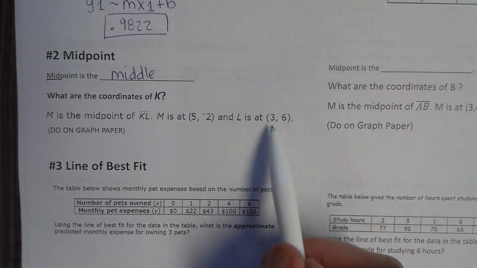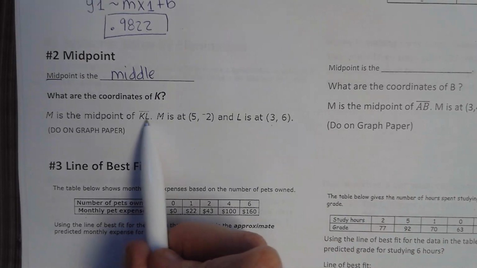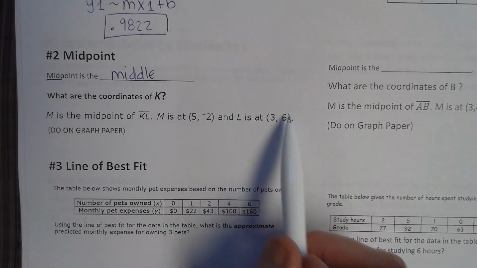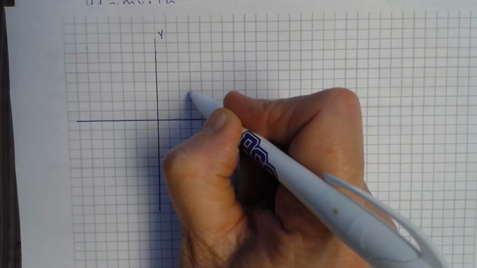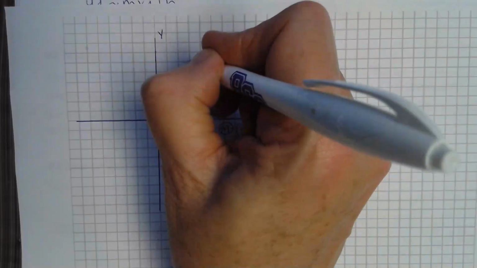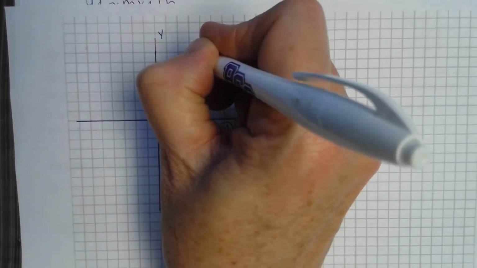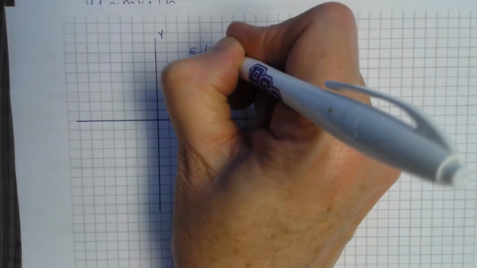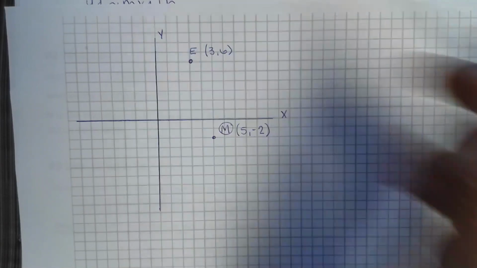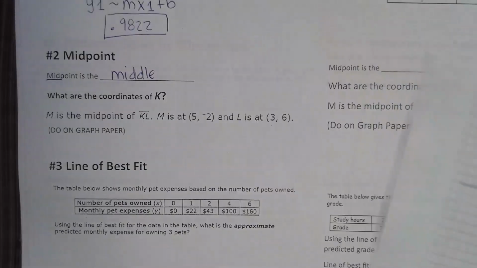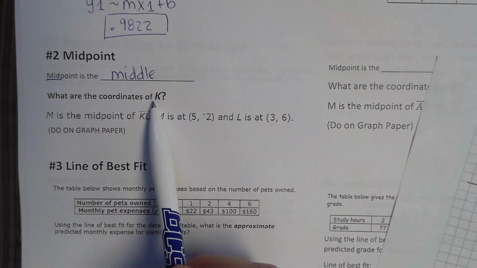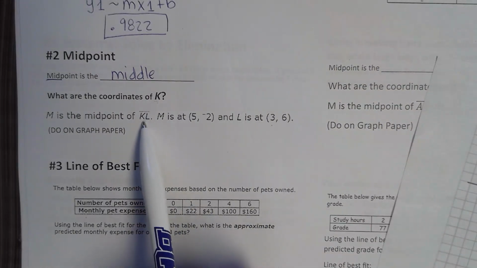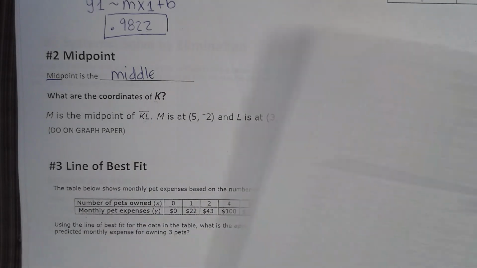Next, it gives us L, which is one of the endpoints at (3, 6). So this is one of your endpoints at (3, 6). And then notice it says, what are the coordinates of K, which is the other endpoint in this situation.